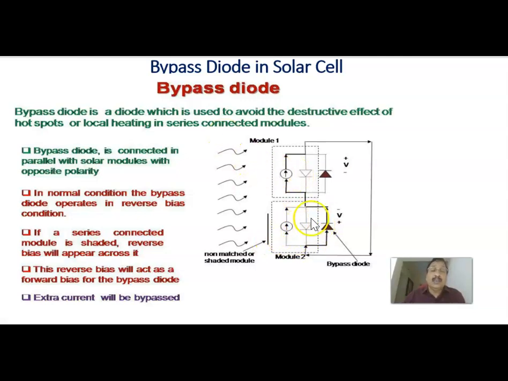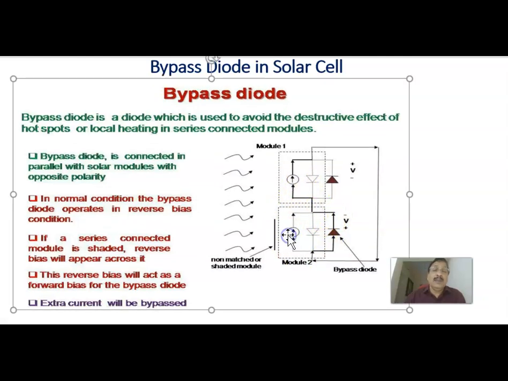That is why, in order to avoid that, we provide an external bypass diode. If it is reverse biased here, that reverse bias will act as a forward bias for the bypass diode, so the current will be driven through it. So that particular cell is protected. Therefore, hotspot formation is avoided.